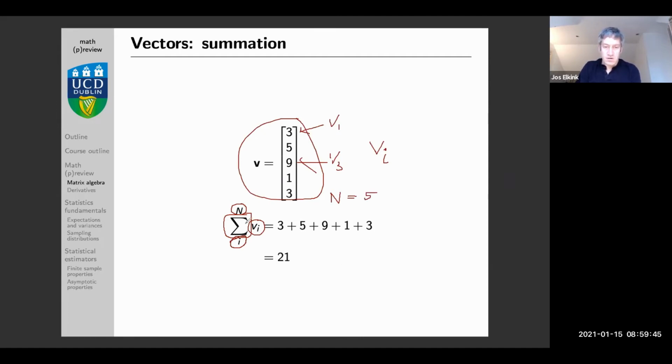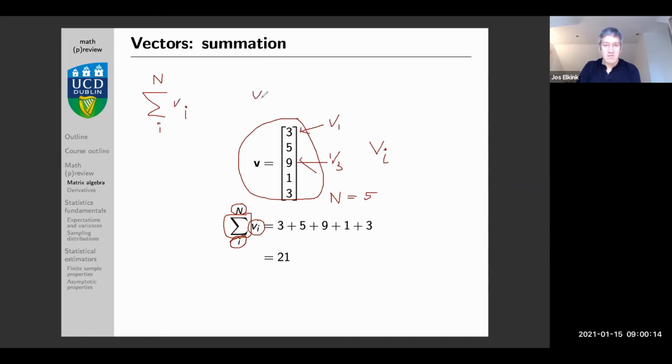So we will sum, whereby i captures the indicator where we are, 1, and then 2, and then 3, 4, and 5, and n is the maximum number that we count to. And we are going to look at this vector V and the ith element.